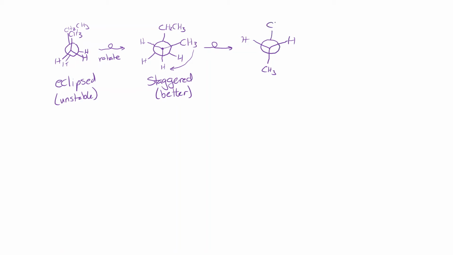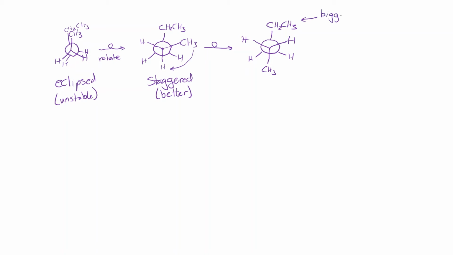And now what you'll notice is that we have our two largest groups, the two groups with the most atoms in them, the most bonds. Because remember, what we're trying to do is minimize the repulsion between electrons in sigma bonds. And so in this case, we look at where the most sigma bonds are, right?